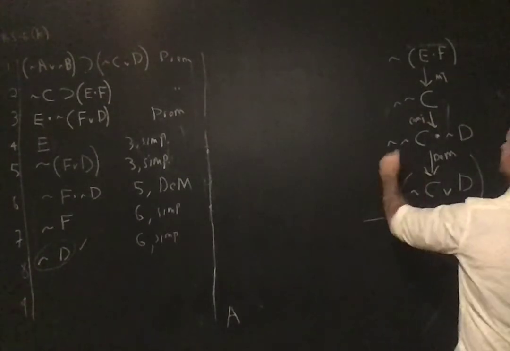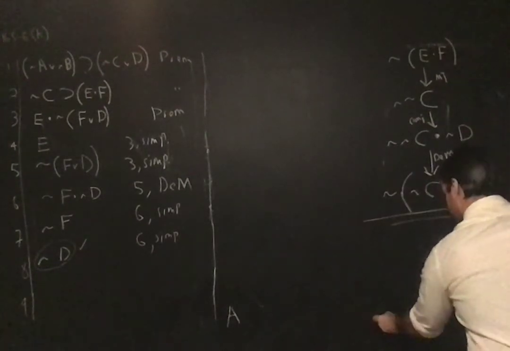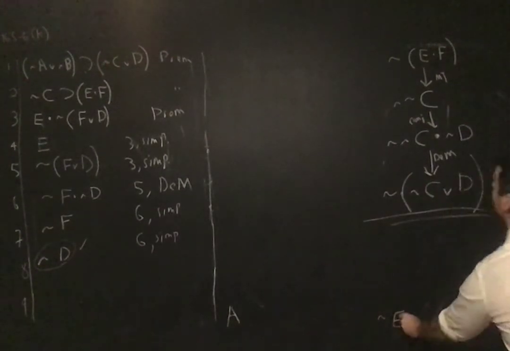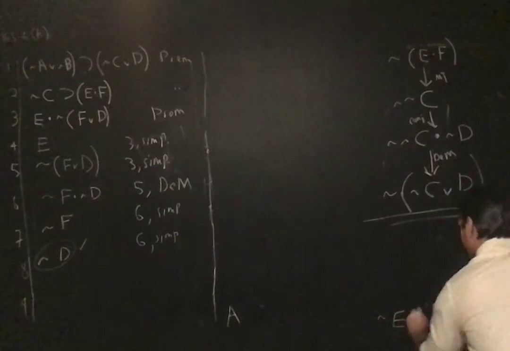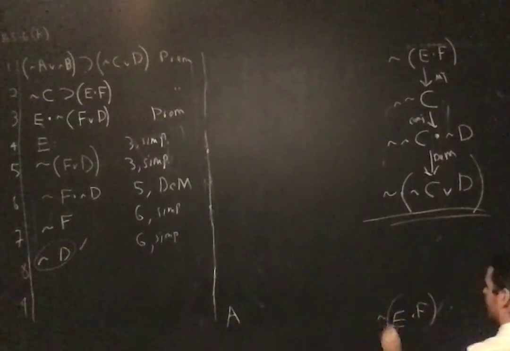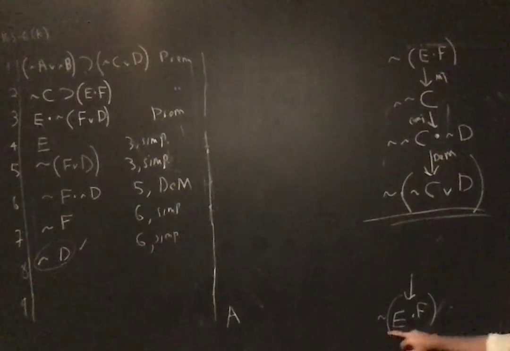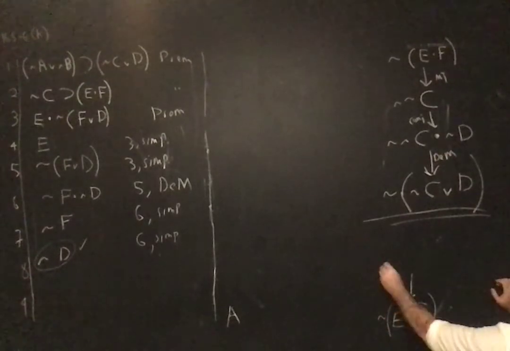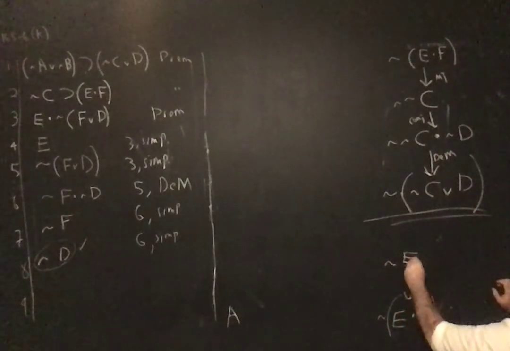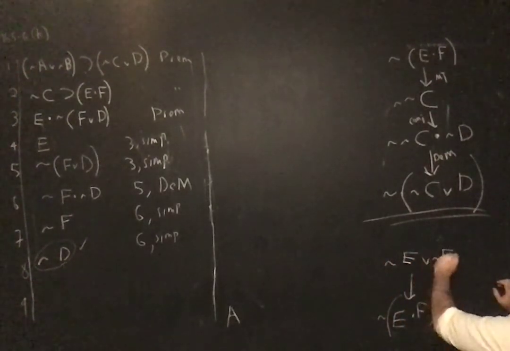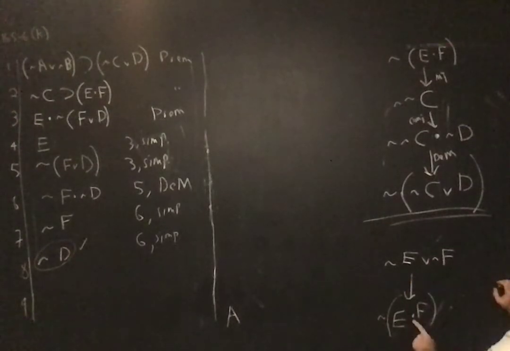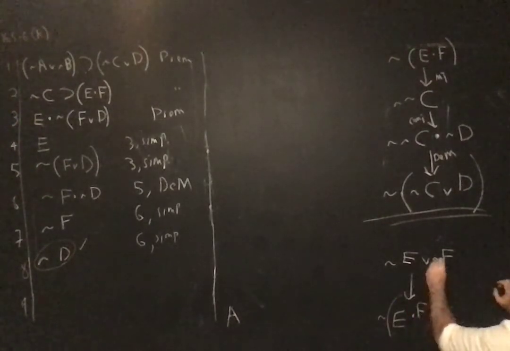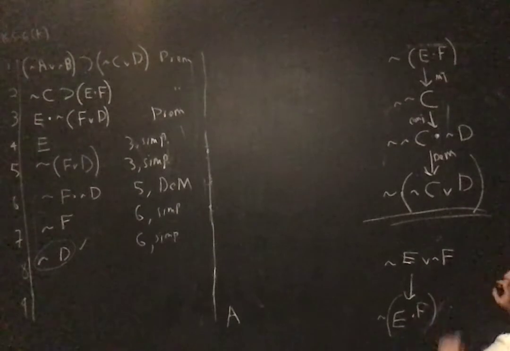Not E and F, by De Morgan's, is equivalent to not E or not F. I see this. What rules have formulas of this form as a conclusion? De Morgan does. Here, negated conjunction is equivalent to a disjunction of negations, not E or not F.